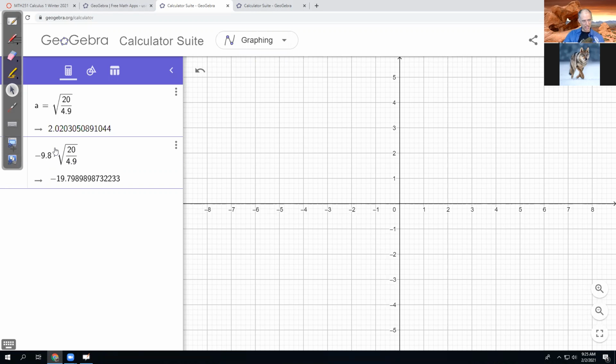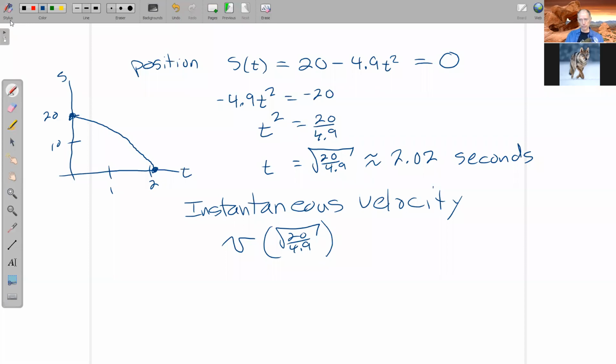And so I'm getting negative 19.8 if I went to 1 decimal place. That's even to 2 decimal places, 80. So this is negative 9.8 times the square root of 20 over 4.9, which is approximately negative 19.80 meters per second.